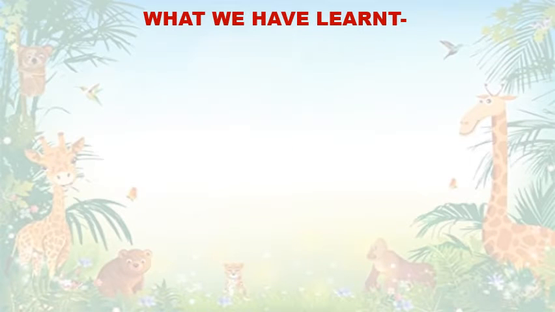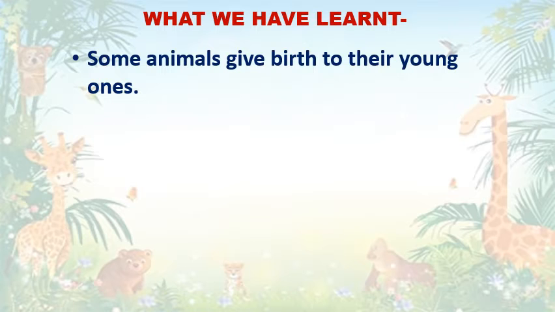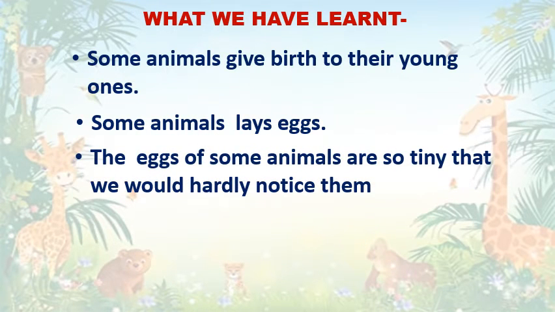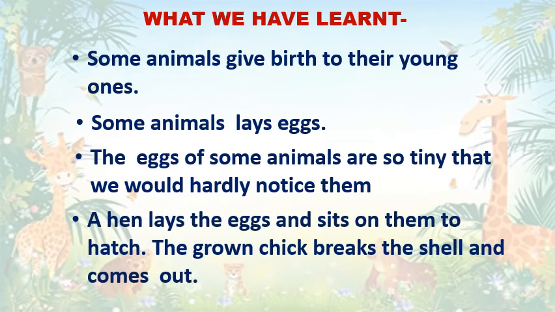Now we will see a quick recap of what we have learned. First one, some animals give birth to their young ones. Some animals lay eggs. The eggs of some animals are so tiny that we would hardly notice them. A hen lays the eggs and sits on them to hatch.